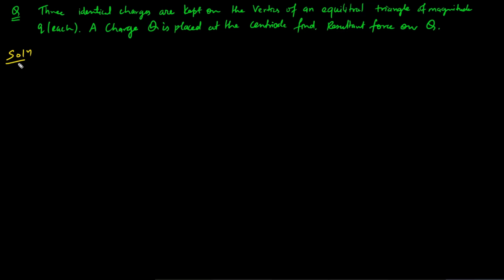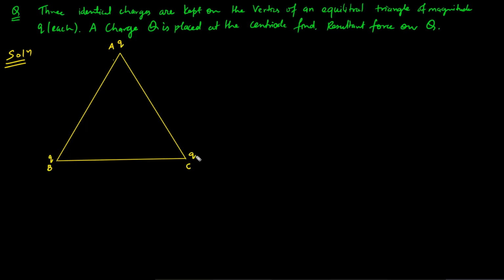So now let's see the solution part. How will we solve these types of questions? First of all, we will make an equilateral triangle. Let's say this is q on vertex A, q on vertex B, q on vertex C, and Q at the centroid.